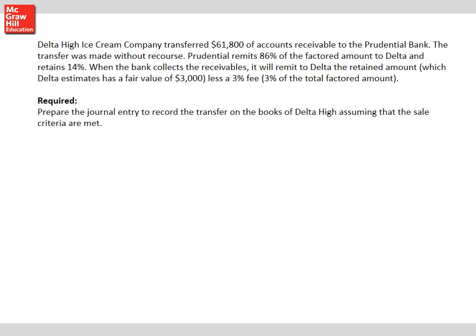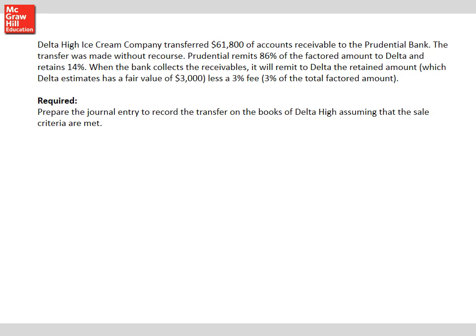Let's take a look at this one. Delta Ice Cream transferred $61,800 of accounts receivable to the Prudential Bank. The transfer was made without recourse. So this is a sale, but it's made without recourse. Highlight that. Prudential remits 86% of the accounts receivable factored to Delta and retains 14%.